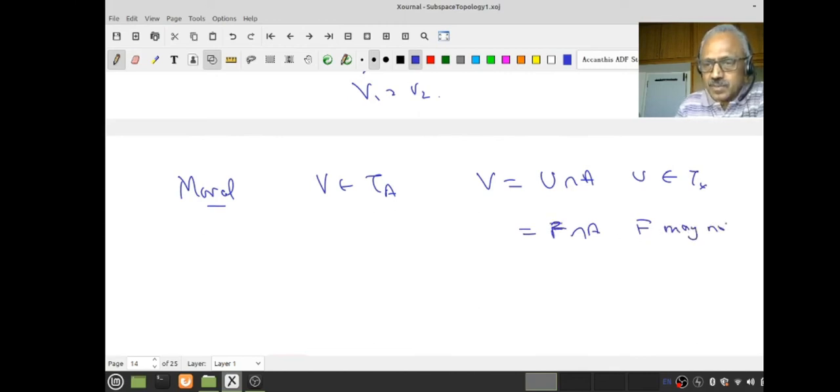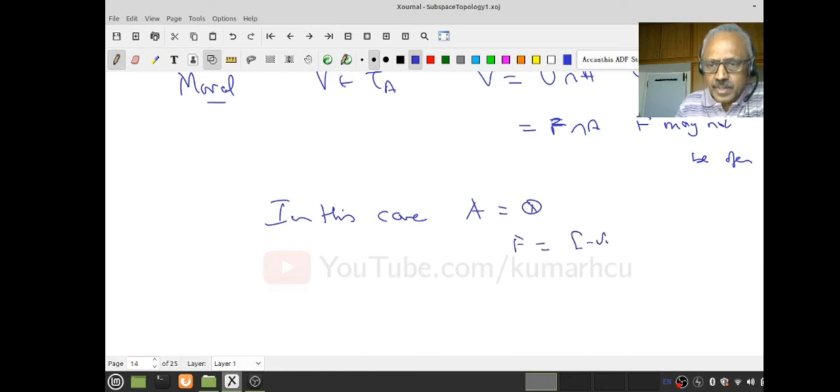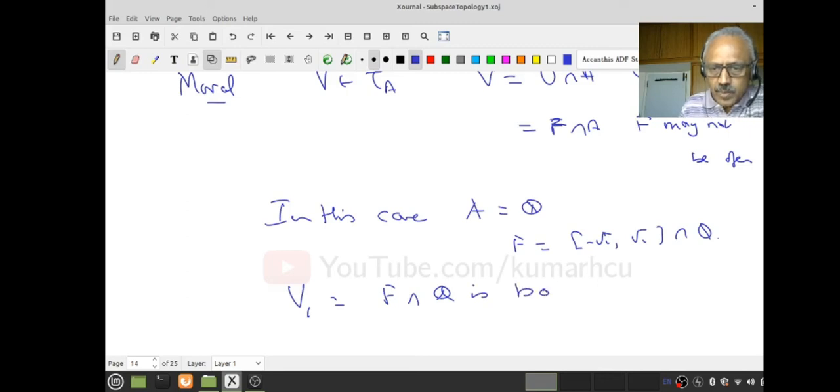This shows that, in this case, A equals Q and my F equals the closed interval minus square root 2 to plus square root 2, intersection Q. Then my V1, which is F intersection Q, is open and closed in tau Q, in the subspace topology.